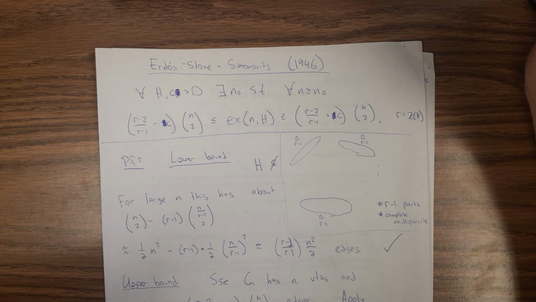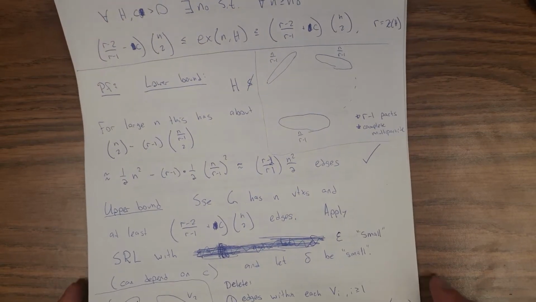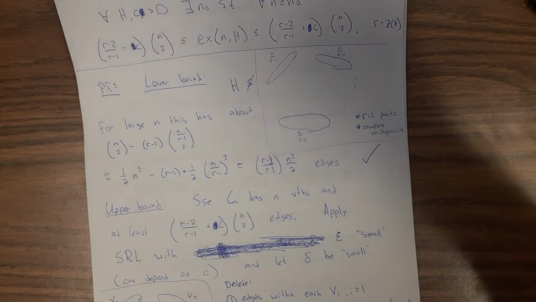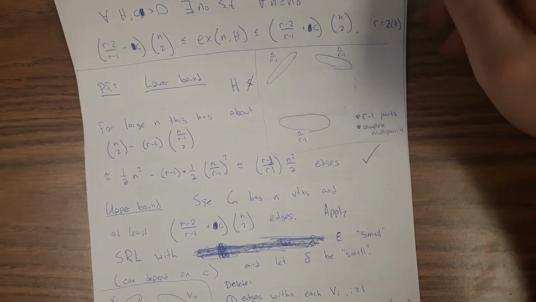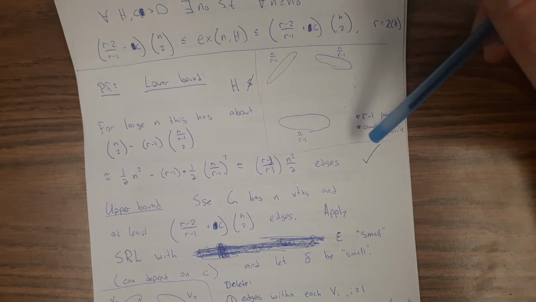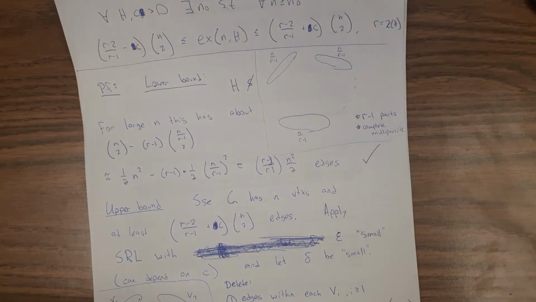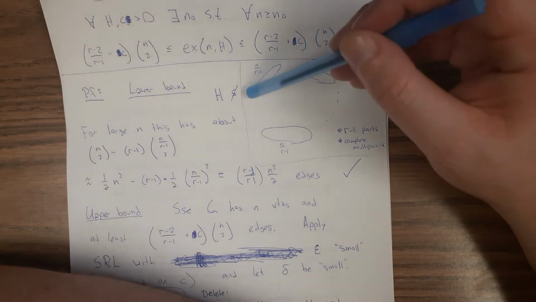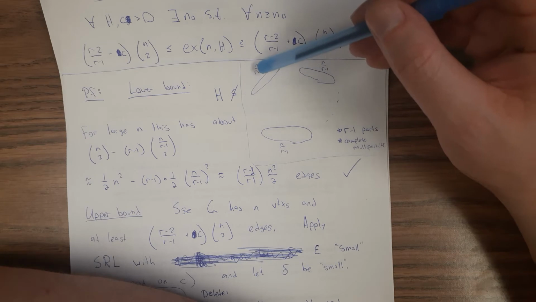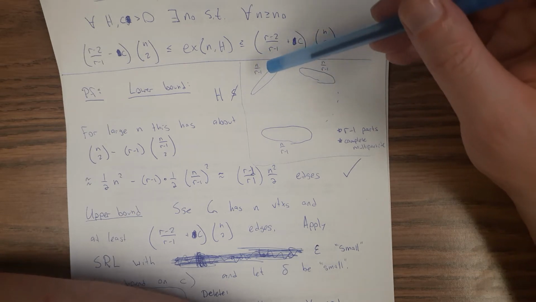So let's talk about the lower bound. The lower bound is easier. The lower bound is a lot like just Turan's theorem. If I make this graph, of course, we have this divisibility issue where n might not be divisible by r minus 1.